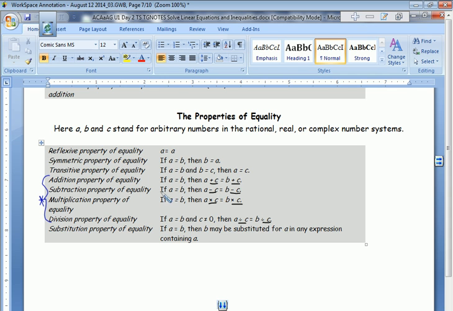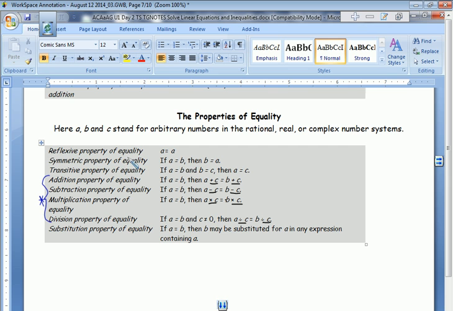Or the subtraction property of equality says if I subtract the exact same thing from both sides of an equation, it remains balanced. Or if I multiply both sides of an equation, the multiplication property of equality, it remains balanced. Or if I divide both sides of an equation by the exact same thing, it remains balanced.